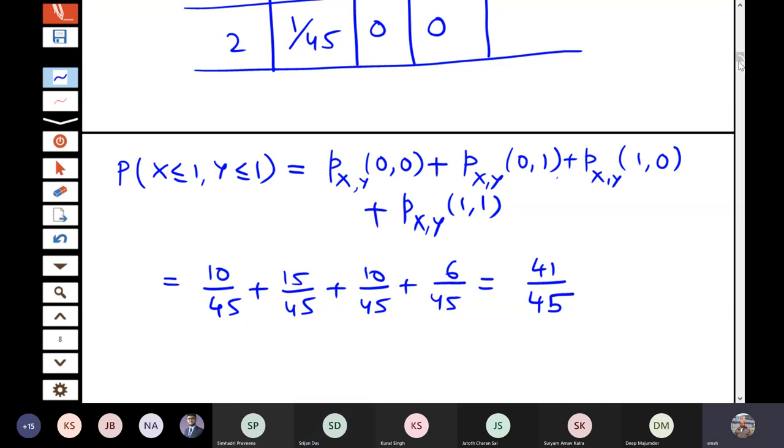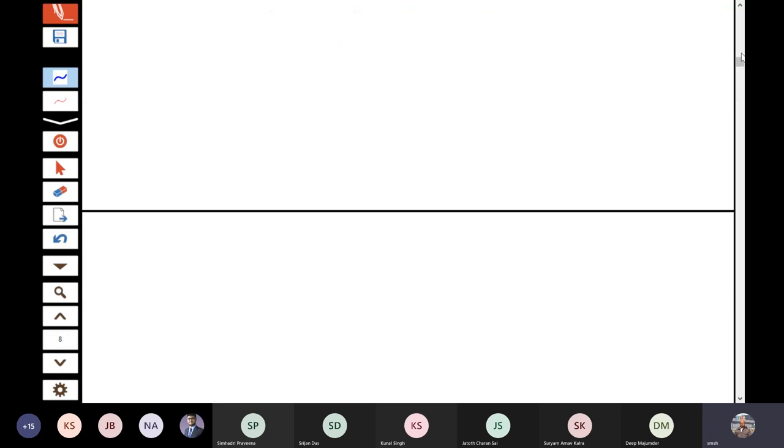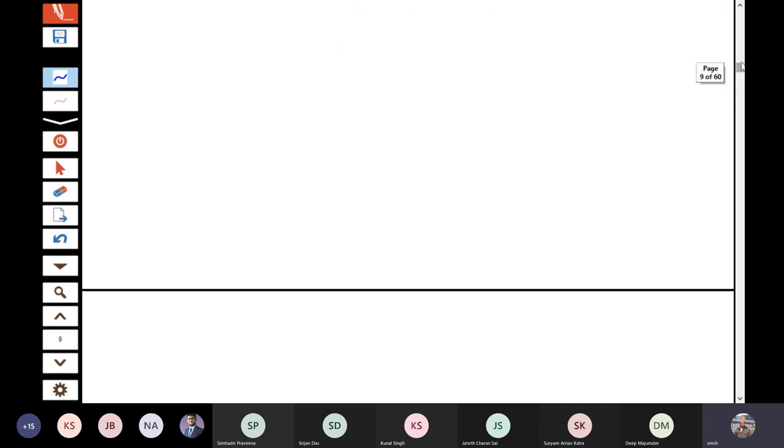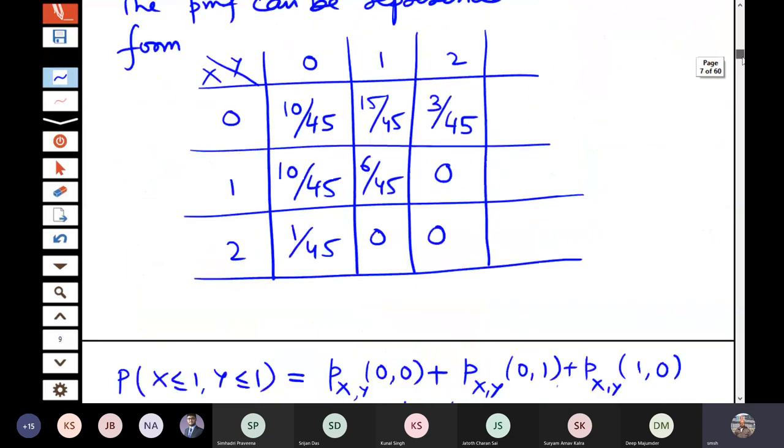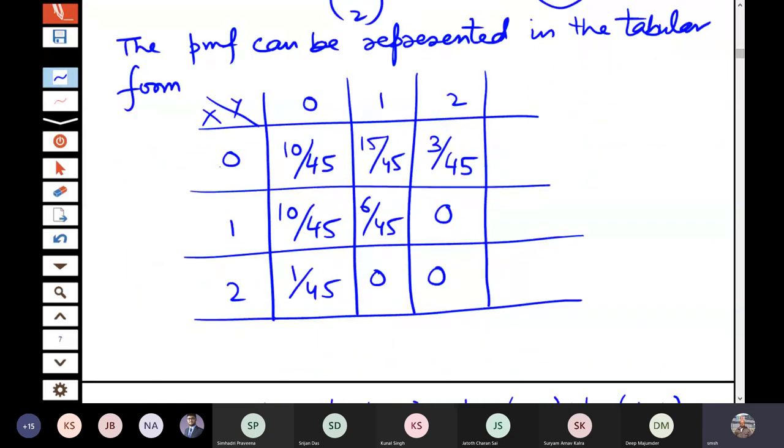Now you can see some more things here. Suppose I add all the probabilities related to, say, x is equal to 0. That means x equal to 0, y equal to 0; x equal to 0, y equal to 1; x equal to 0, y equal to 2. If I do that, then this will become basically the probability that x is equal to 0.